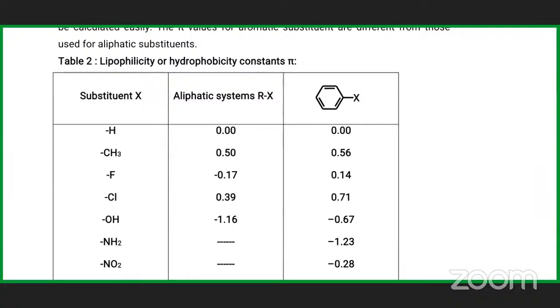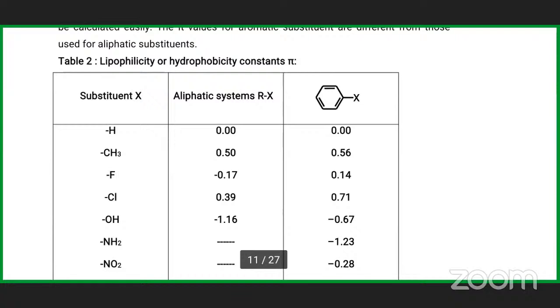When this hydrogen is replaced with methyl on the aliphatic system, like Rx, X equal to methyl, then its value is 0.50. And if it is on the aromatic system, then its value is 0.56. You can see some increase in the aromatic system.